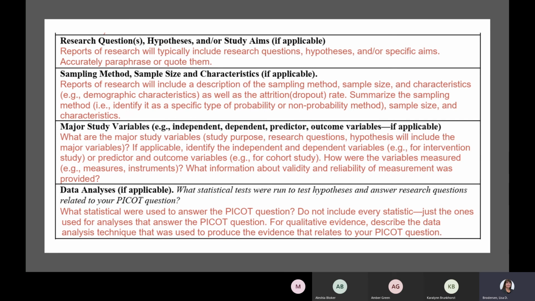And I'll tell you that reports of research won't necessarily do that for you. Generally, the independent variable is the grouping variable. It's the way that researchers decided to divide subjects into groups so that they could compare them. So for example, a treatment for, let's say, coronavirus. Let's say we've got a new vaccine to prevent coronavirus, and we randomize subjects into a group that's going to receive the vaccine, and then the other participants go into a group that's not going to receive the vaccine.